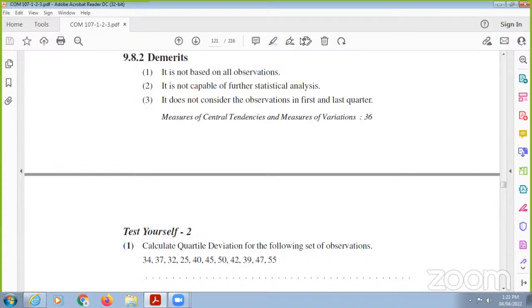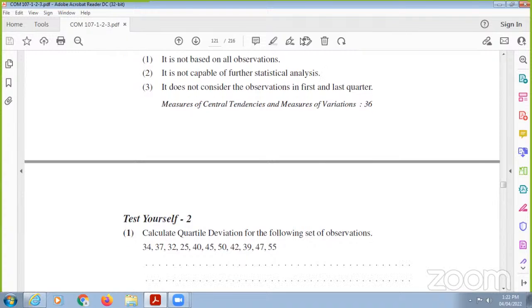Now we have to find out the third quartile. Q3, the formula is 3(n plus 1) upon 4 th observation. So here 11 plus 1 is 12, upon 4 multiplied by 3, that means 9. That is the ninth observation, and the ninth observation here is 47.